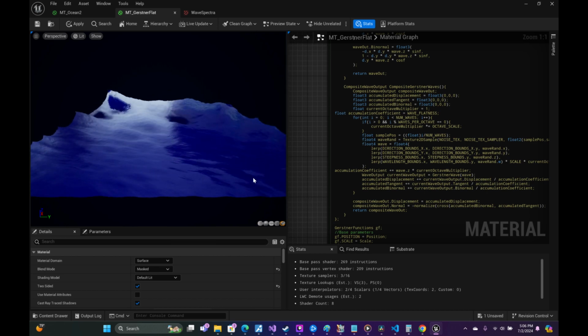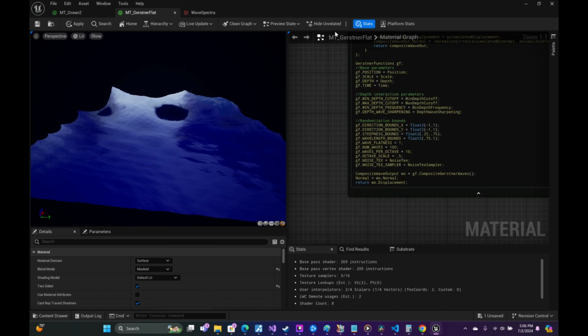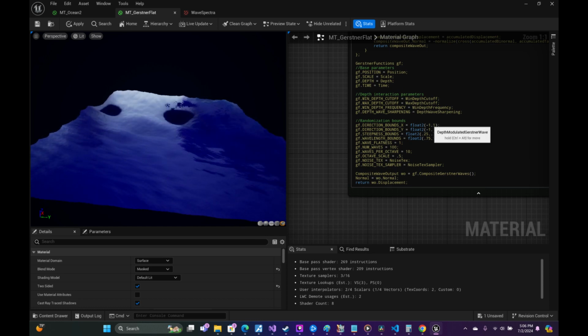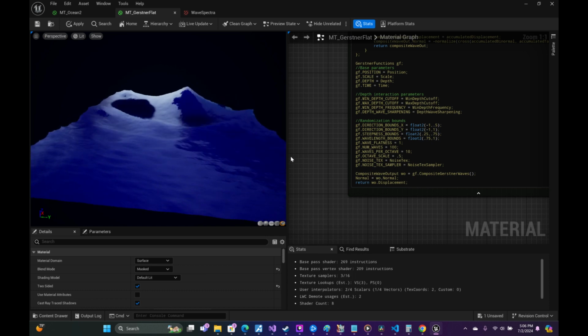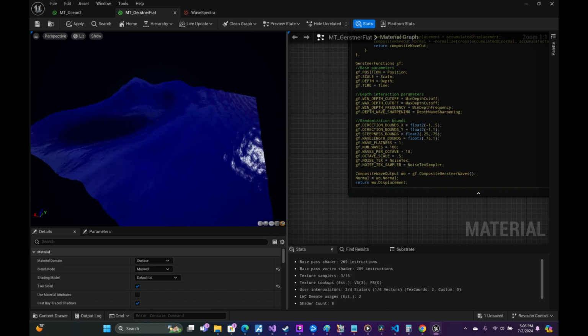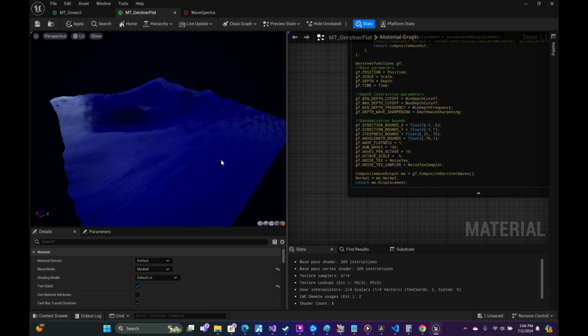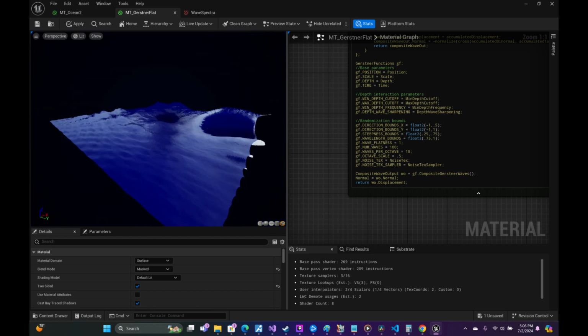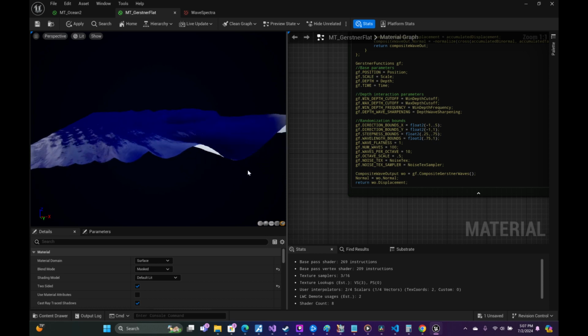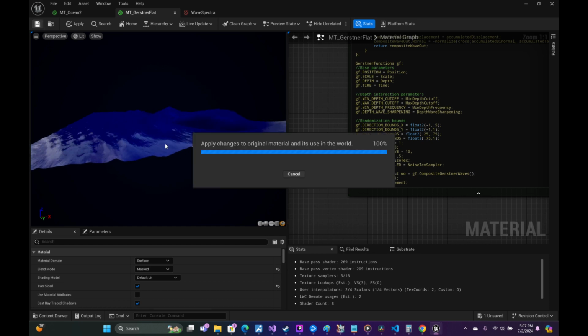Let's just bias the waves in a specific direction.